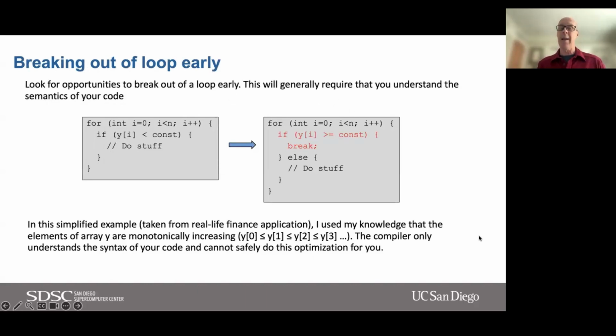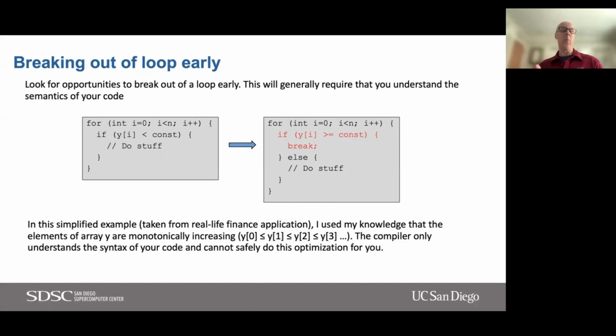And I'm going to show one more example, and this again was from a code that I had worked on, a collaboration with the University of Illinois on a computational finance code. We had a loop, and I've greatly simplified it here. But I say that if we meet a certain condition, say y sub i is less than a constant, we do a calculation.